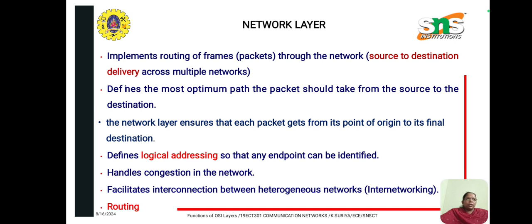The network layer ensures that each packet gets from its point of origin to its final destination. If two systems are connected to the same link, there is usually no need for a network layer. However, if two systems are attached to different networks with connecting devices between the networks, there is often a need for a network layer to accomplish source to destination delivery.